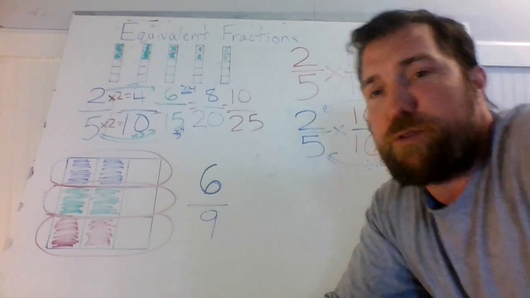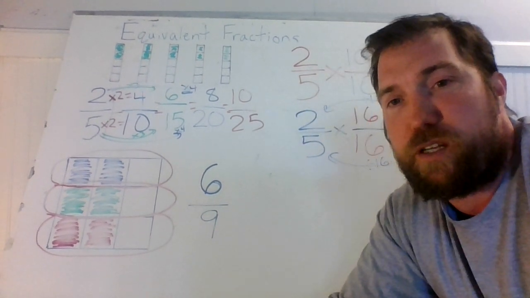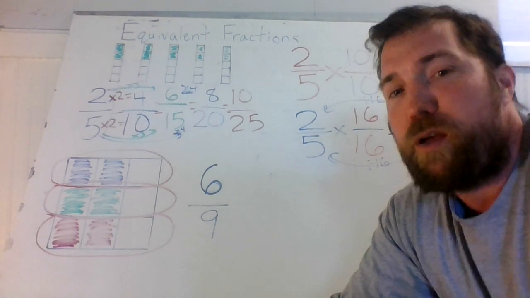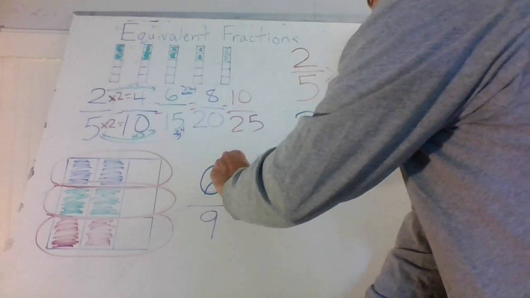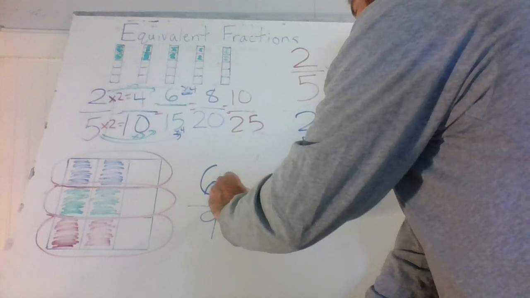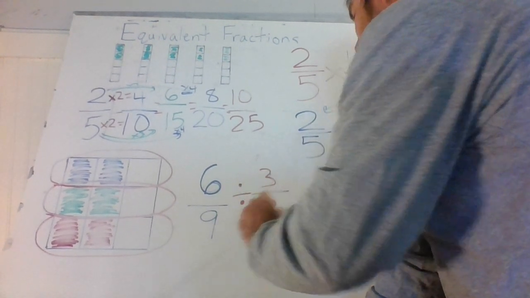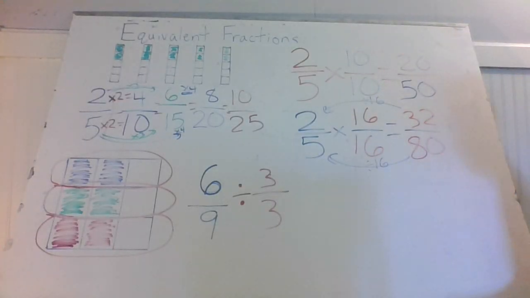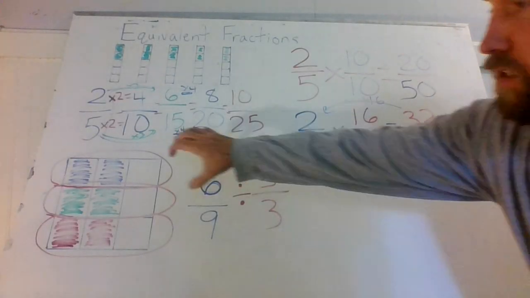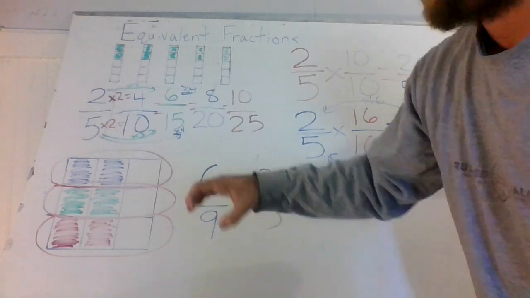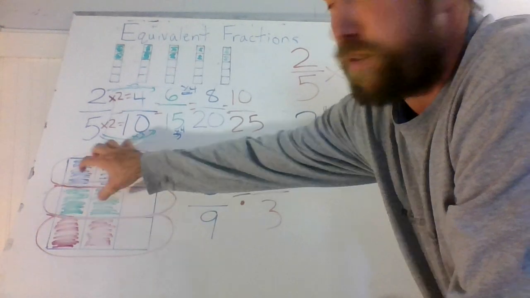Right? How many groups of 2 out of 3 do we have? This is going to be our important number here. We ended up pulling out 3 smaller groups. So now instead of multiplying, we're going to divide by 3/3. I took my 6 boxes and I divided the 6 boxes into 3 smaller groups.